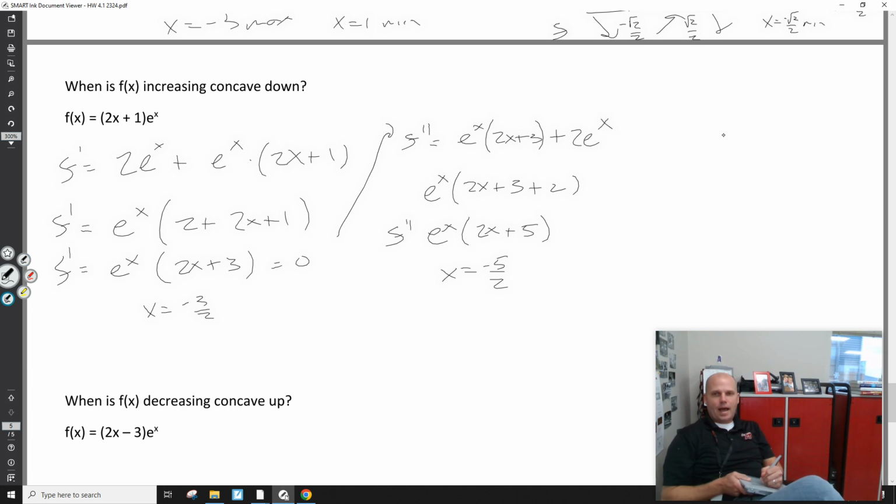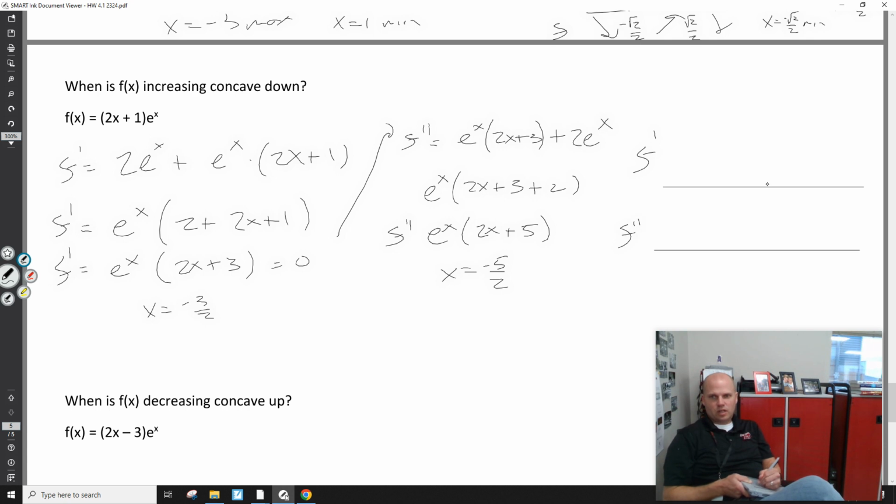It's not that bad, but you got to be able to do it, and you must do it yourself. You need to practice this. Make sure you list off that f prime, the negative 3 halves, to the right of the f double prime, negative 5 halves. I'm not going to put them on top of each other.